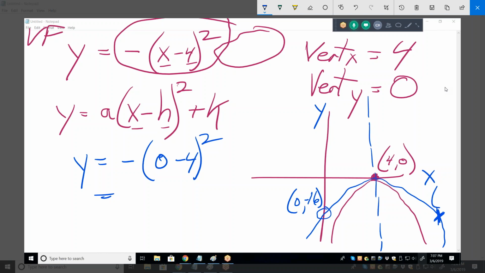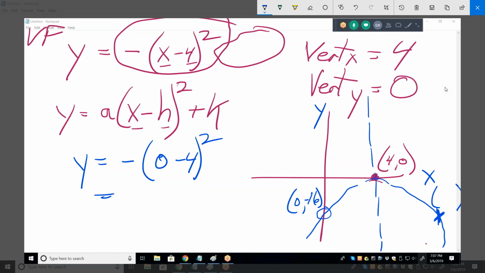What does that point over there got to be if it's symmetrical? What's the x-coordinate going to be? The x-coordinate will be... Let me erase the red. The red is not supposed to be on there. That was my first attempt to draw it. Because all it's doing is confusing you now.